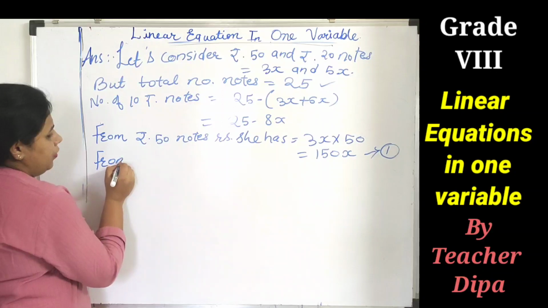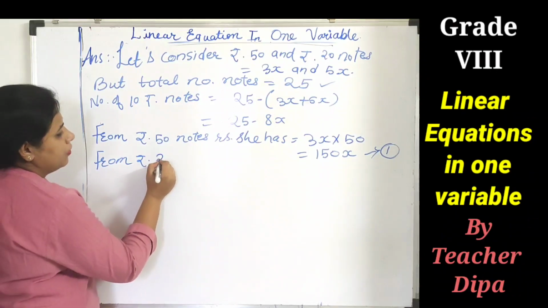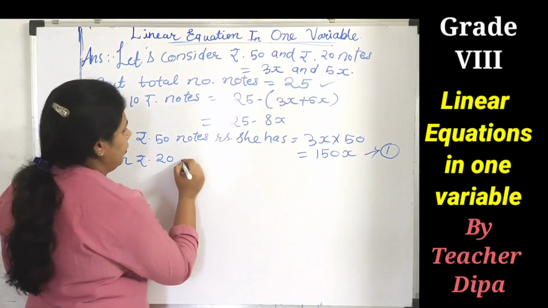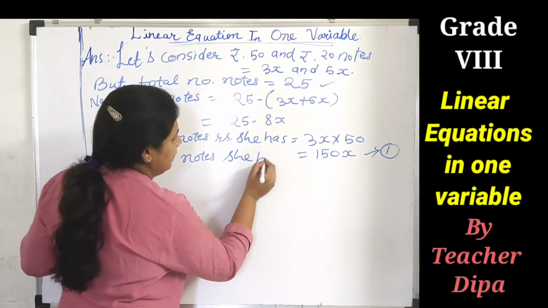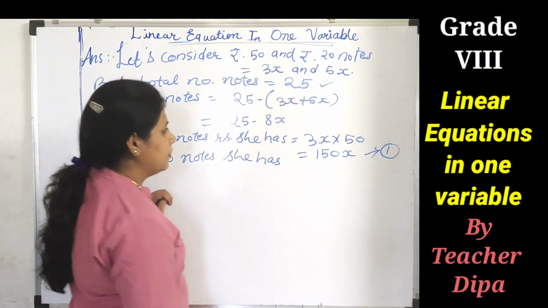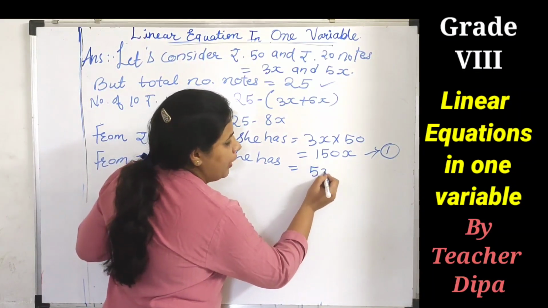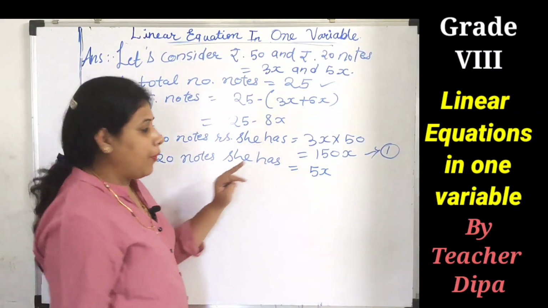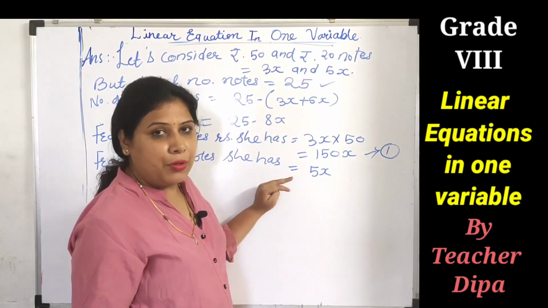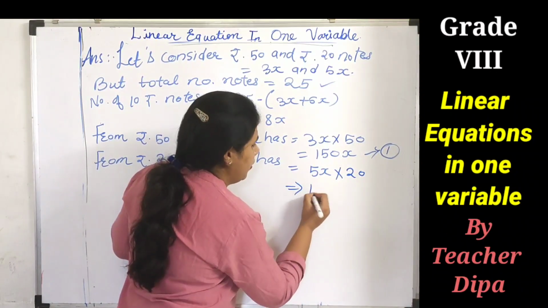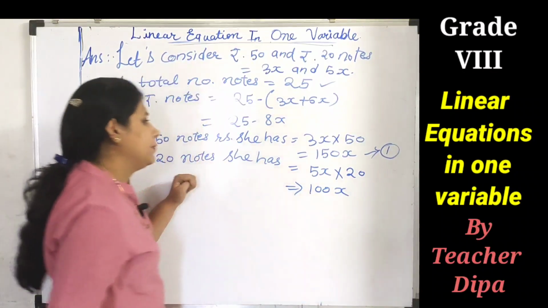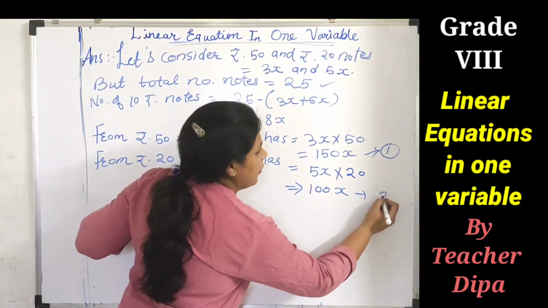Similarly, from rupees 20 notes she has rupees, that is 5x, as 5 is given in the ratio for the 20 rupees notes. So 5x into 20, so it can be 100x. So that I am writing as equation 2.